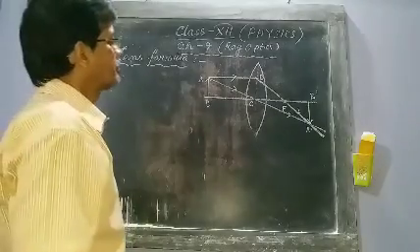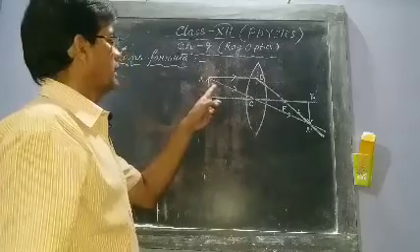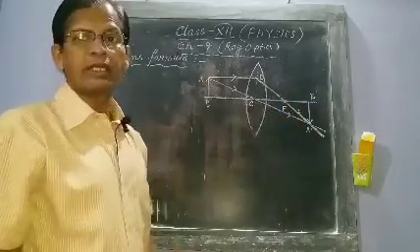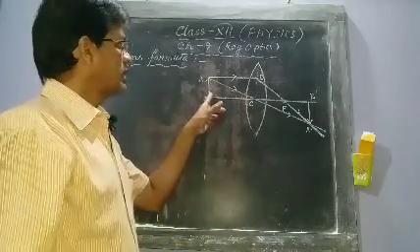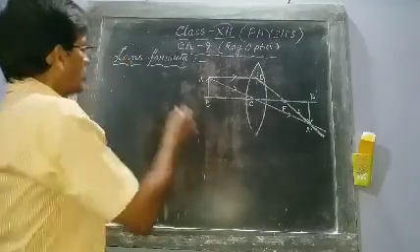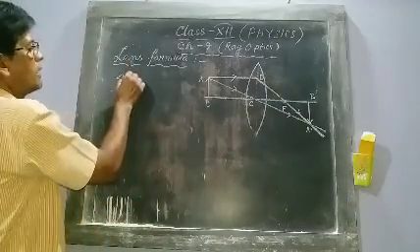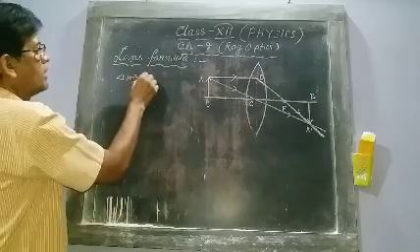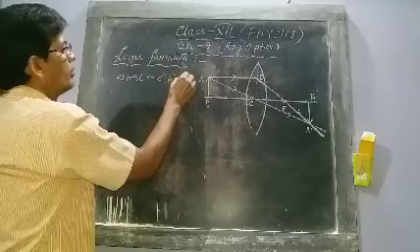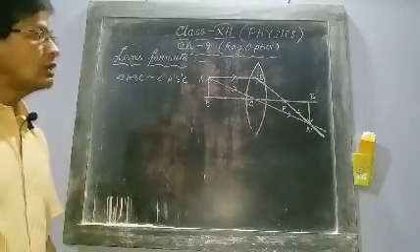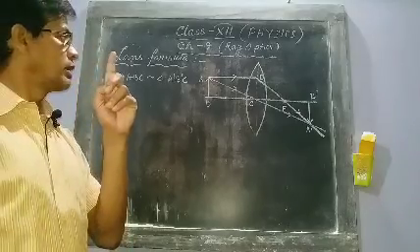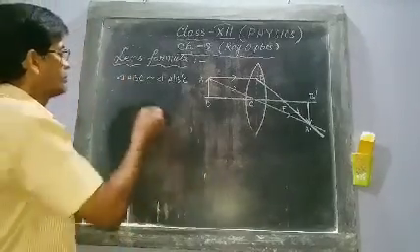Now you see, we are getting two triangles, ABC and A dash B dash C. These are similar because this angle is 90 degrees, and this is a vertical opposite angle. So triangle ABC is similar to triangle A dash B dash C. Then the ratio of sides will be equal.